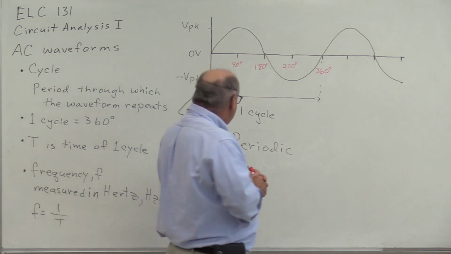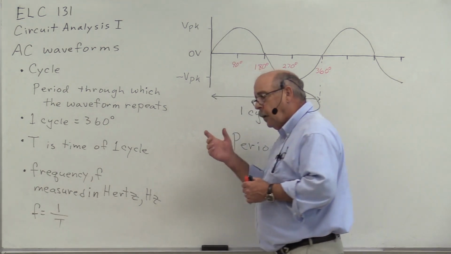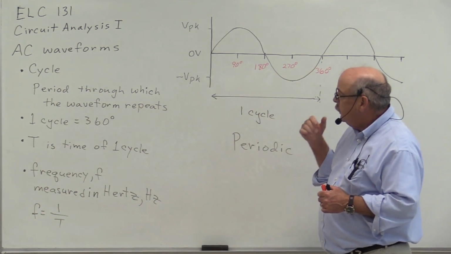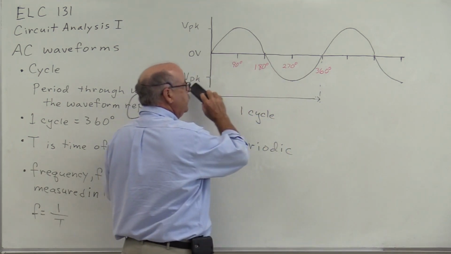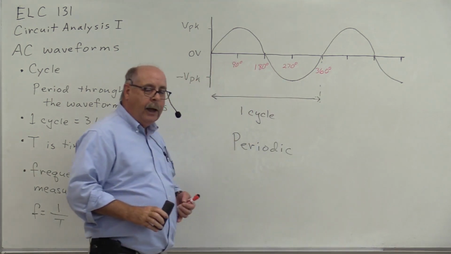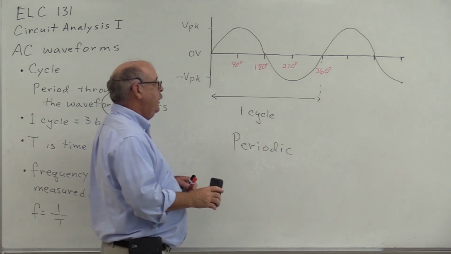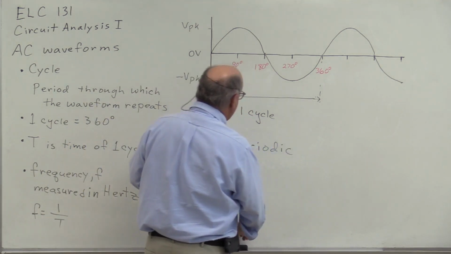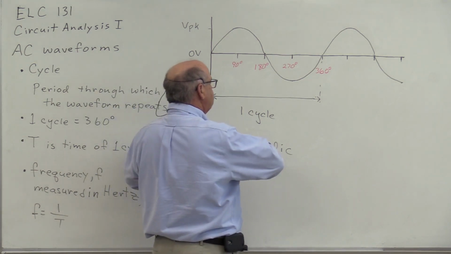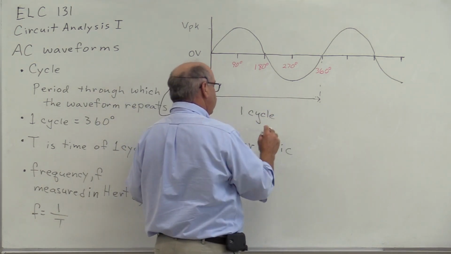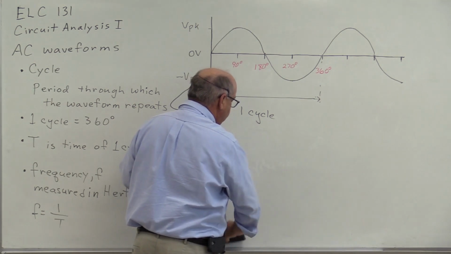Now, in describing, quantifying, discussing these waveforms, we will quite often, instead of talking about this waveform in an angular distance on the x-axis, talk about this waveform with respect to time along the x-axis.